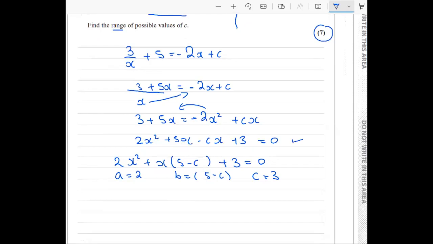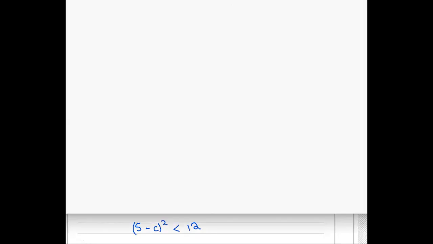Since this equation does not have any real root, the discriminant would be less than 0. So b square minus 4ac is less than 0. What is b? b is 5 minus c, so (5 minus c) square minus 4 into 2 into 3 is less than 0. This is turning out to be (5 minus c) square less than 24. Sorry, it would be 24.